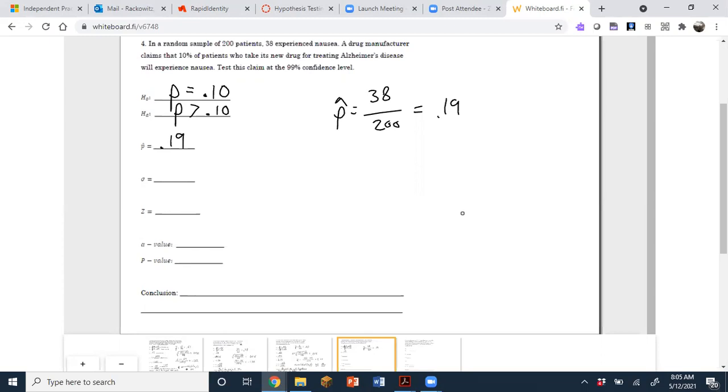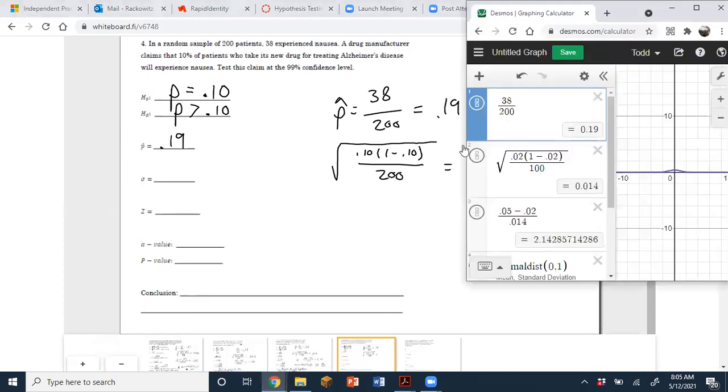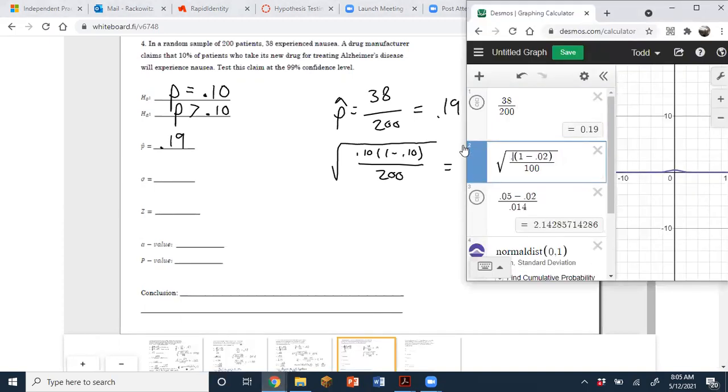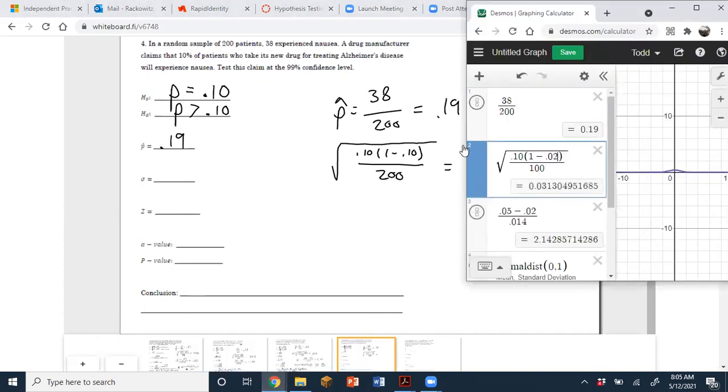So again, that square root, use their p-value, 0.10, times 1 minus 0.10, over 200. That's 0.0212.